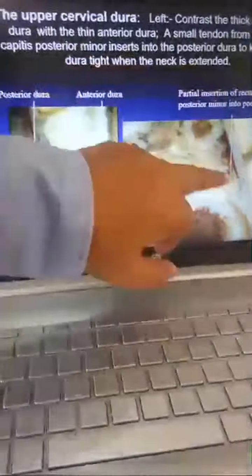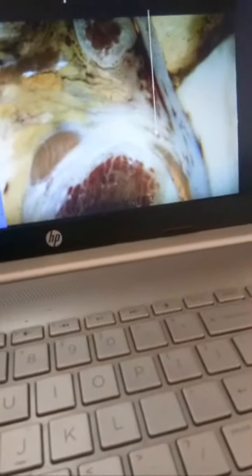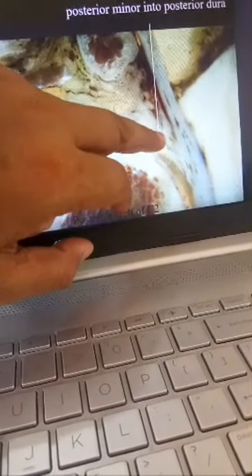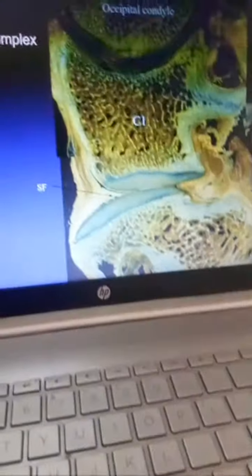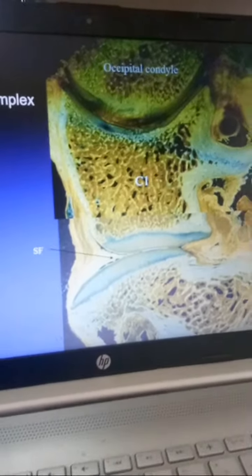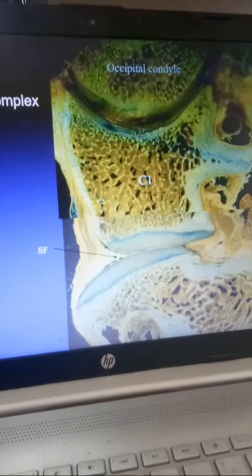This is about the suboccipitals and their attachment to the dura. I am taking it a little closer, and you can see the attachment of the rectus capitis posterior minor to the dura mater. This is the C0 C1 joint and the C1 C2 joint. C1 is convex and concave, and C1 C2 is the convex joint.